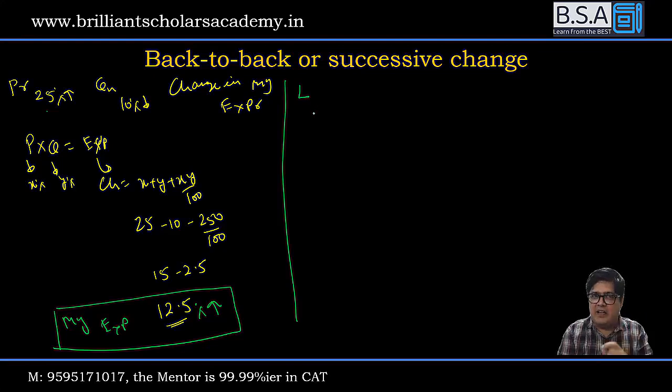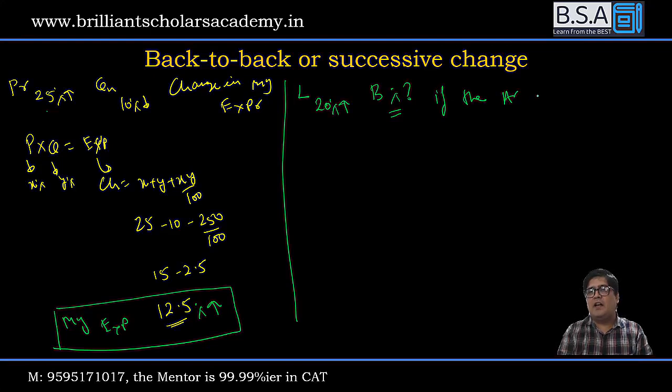Length of a rectangle was increased by 20%. What was the percentage change in breadth if the area increased by 25%?